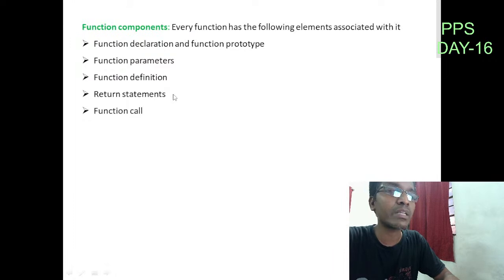I hope you will be understanding what is a function calling, what is a called function, what are parameters, actual parameters and formal parameters, and what are return statements. These are the terminologies you should understand in the function concepts. Then only will you thoroughly know what I am saying in the classes.